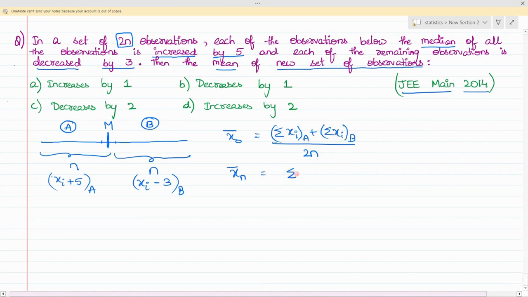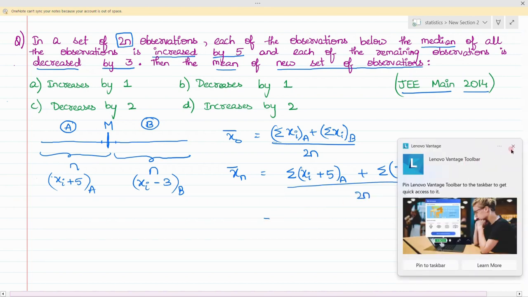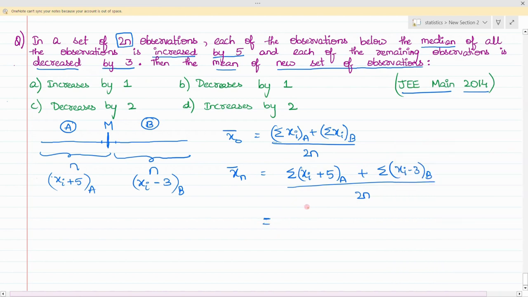In the new mean, the observations in the A group became xi plus 5, and in the B group they are xi minus 3, upon 2n, as the number of observations remains the same. Now we can write this as sigma xi of A plus sigma 5 plus sigma xi of B minus sigma 3, upon 2n.